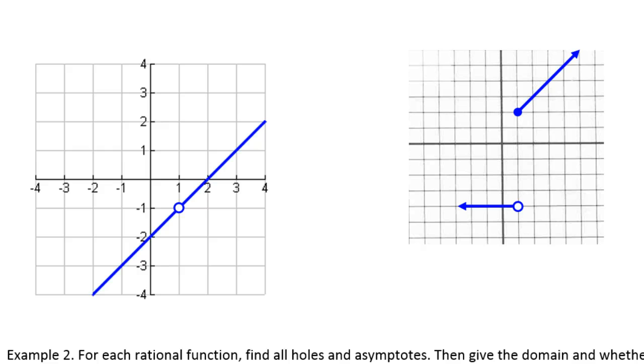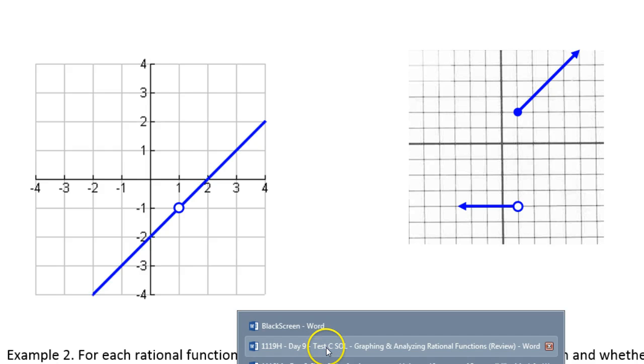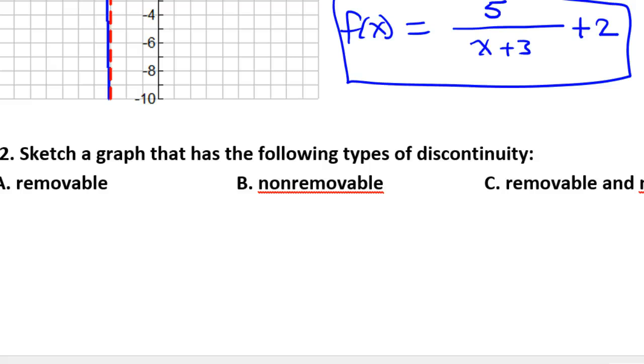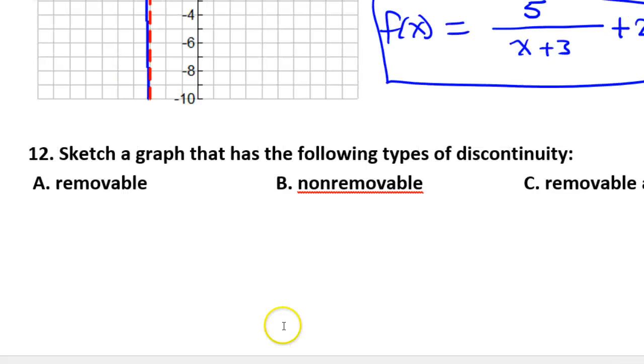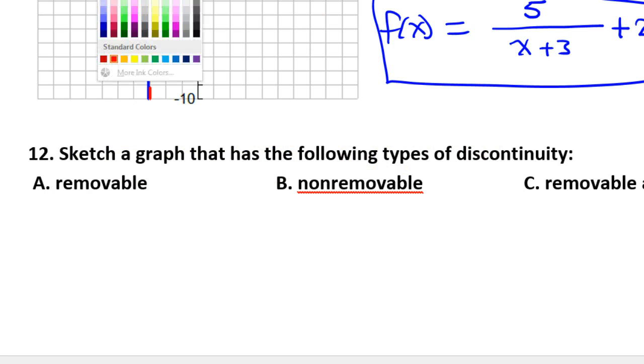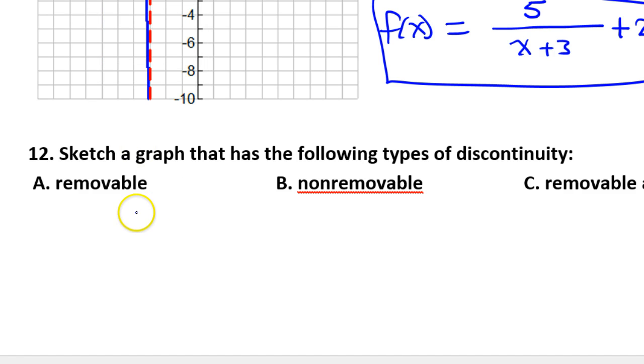So armed with those examples, getting back to the question, now it's your turn to make your own sketch. So we're supposed to sketch a graph that has the following types of discontinuity. Okay, so I'm not going to bother drawing x and y axes. So a removable discontinuity, automatically as soon as you see removable, you should be thinking, okay, that's going to be a point or a hole.